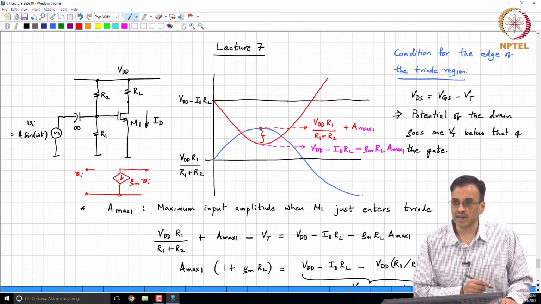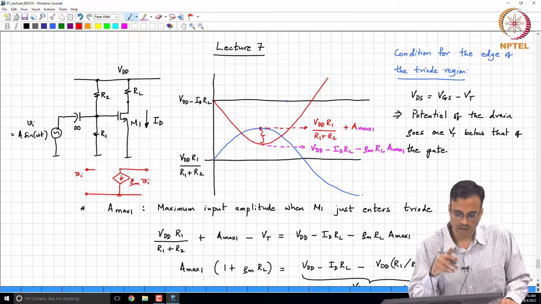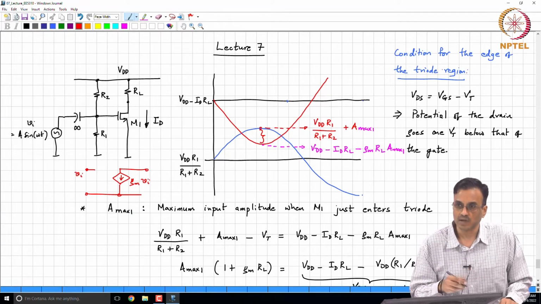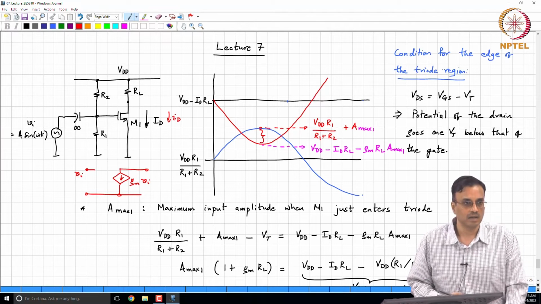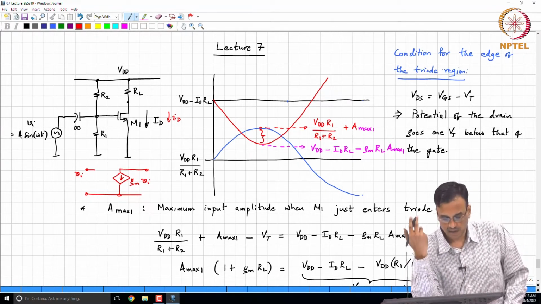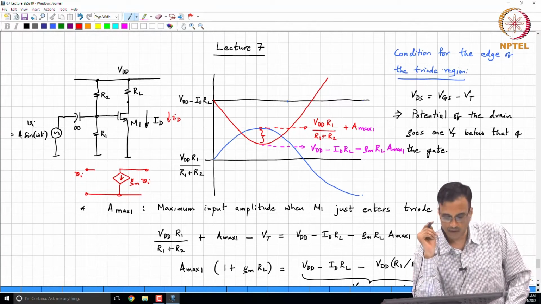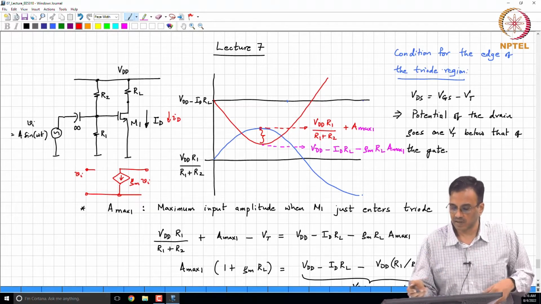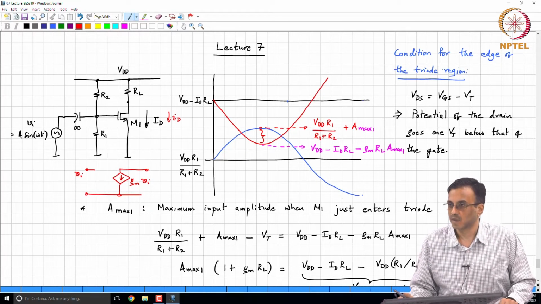Incremental current is in which direction? Does it flow downwards or upwards? Downwards. Small id. So, what is the total current? It is a capital ID, which is the quiescent value plus Gm times A times sin omega t. It will be very similar to the blue curve, except that the average value will be capital ID and the amplitude will be Gm times A max. Does it make sense?